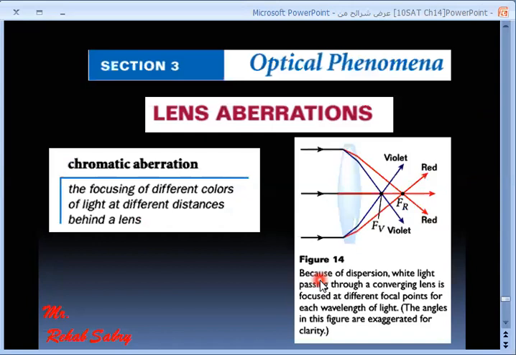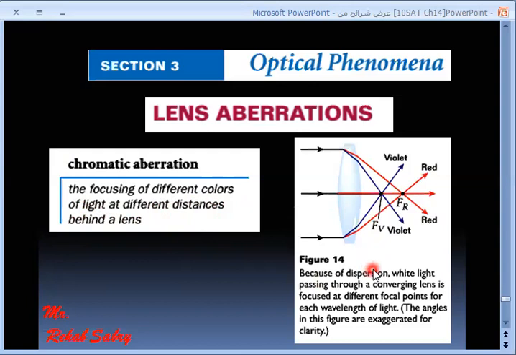The last phenomenon we will talk about is lens aberration. Lens aberration is somewhat like the spherical mirror aberration, but here it is called chromatic aberration. It is the focusing of different colors of light at different distances behind the lens.